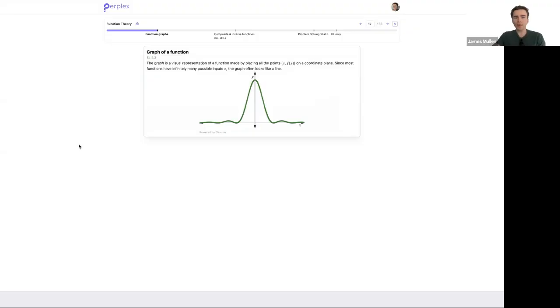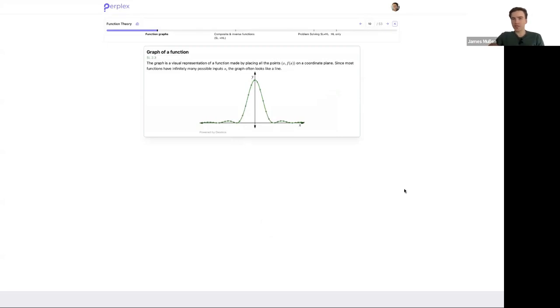Okay. So function graphs. I'm moving on to a new topic here. So the graph of a function is a visual representation of all the points x comma f of x on the function. So if I take all of the inputs and all of the outputs and I plot them on a coordinate plane with the outputs on the y, I'm going to get the graph of a function.